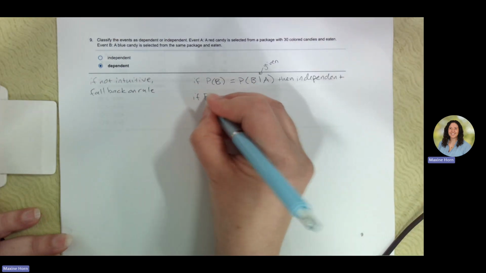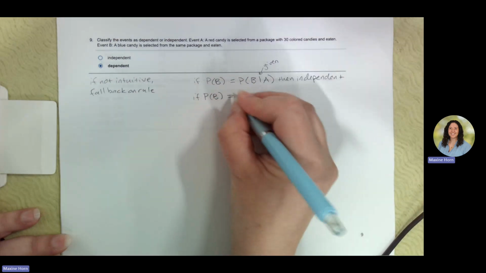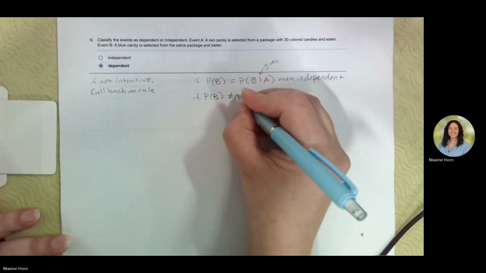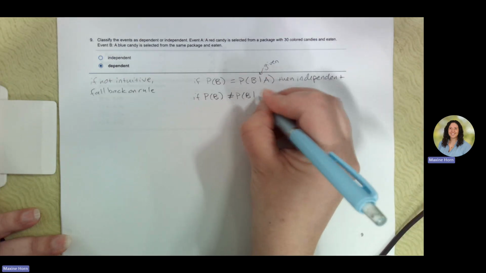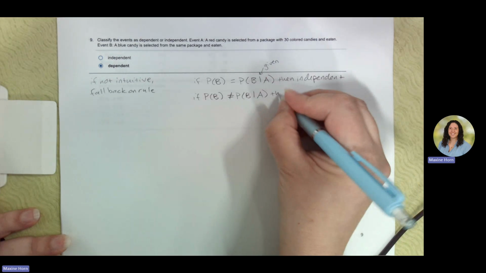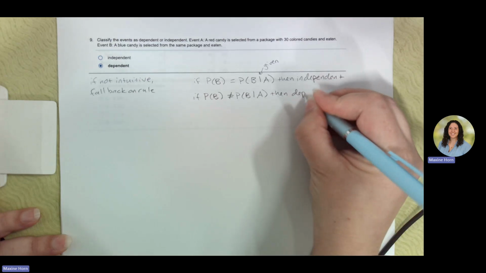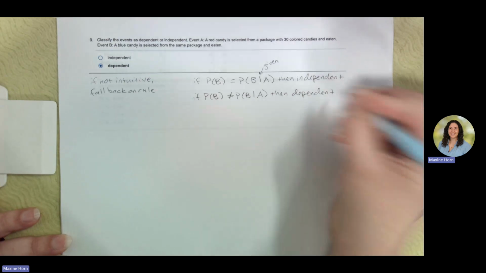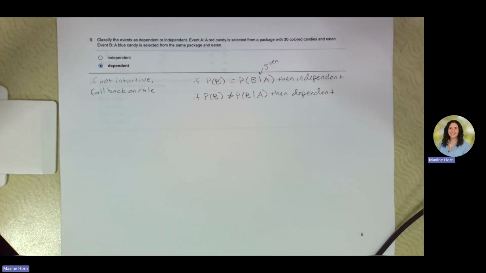But if the probability of B is not equal to the probability of B given A, then they are dependent. Let's walk through that here.